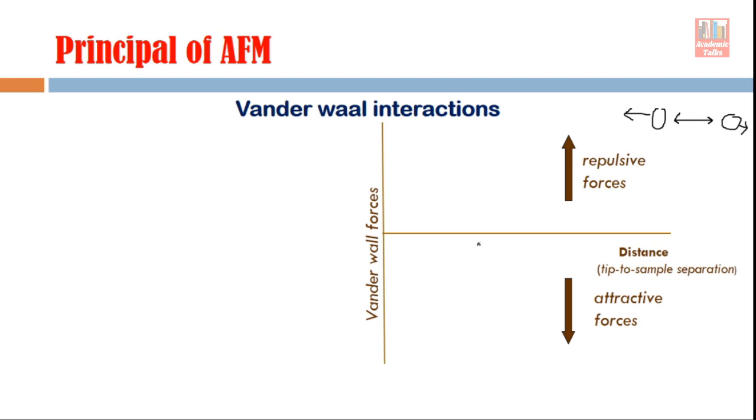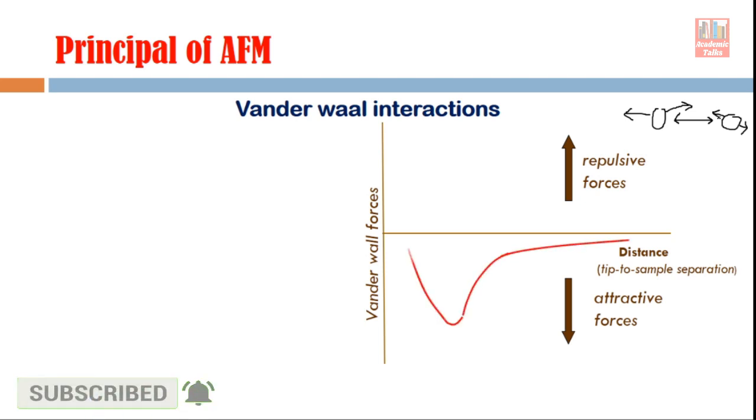Now if we are here in this part, meaning the van der Waals forces are negative, it means they are attractive forces. Attractive forces mean these bodies will be attracted towards each other, and whether the van der Waals forces are attractive or repulsive depends on the distance between these two bodies. So when we bring these two bodies together, the van der Waals forces vary like this.